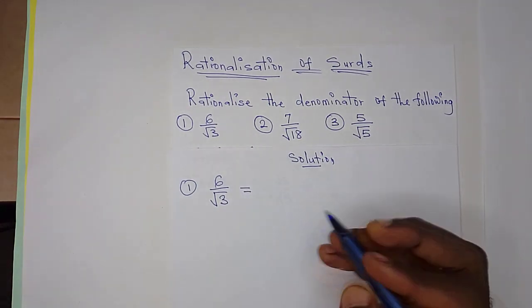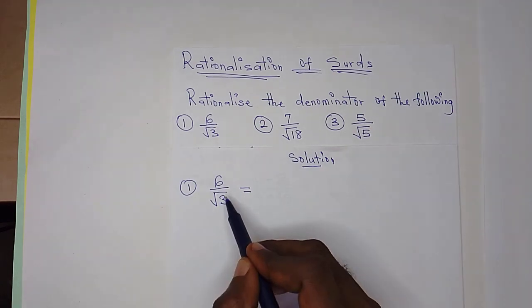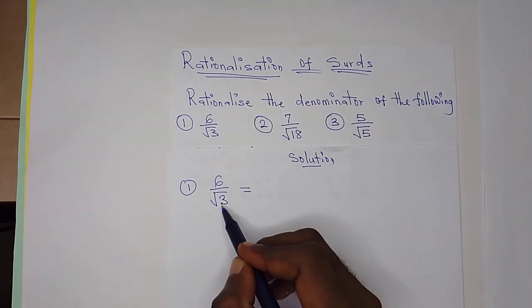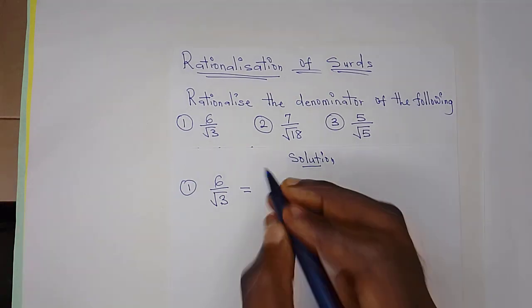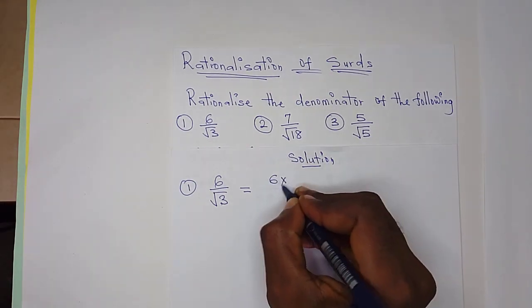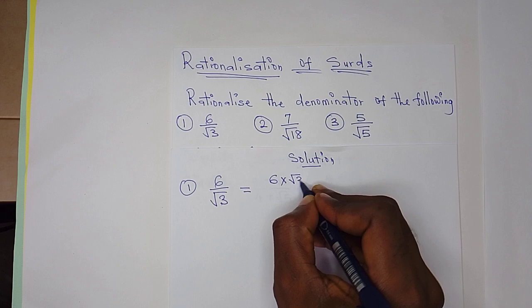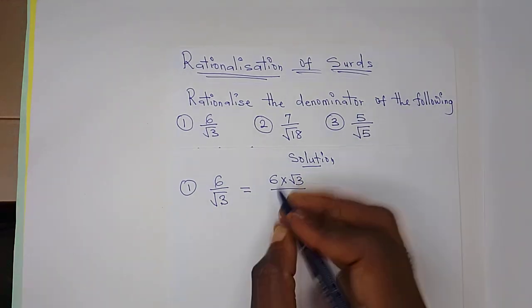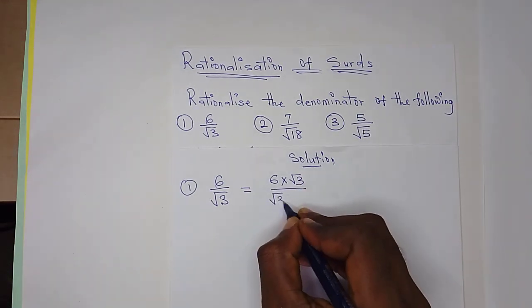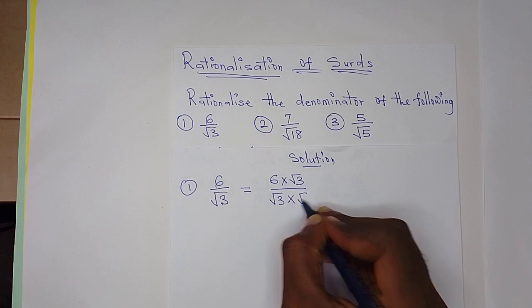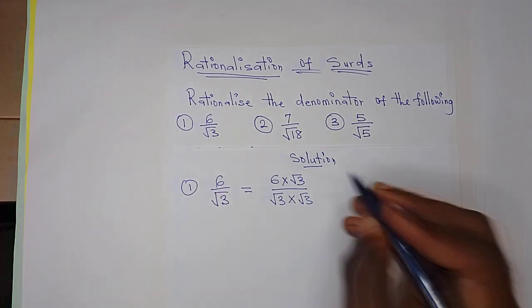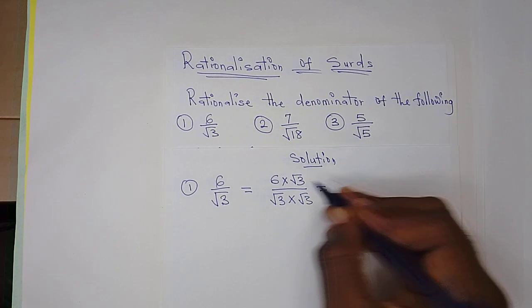To rationalize this, we multiply the numerator and the denominator by the denominator. So we multiply 6 by root 3, all over root 3 times root 3.